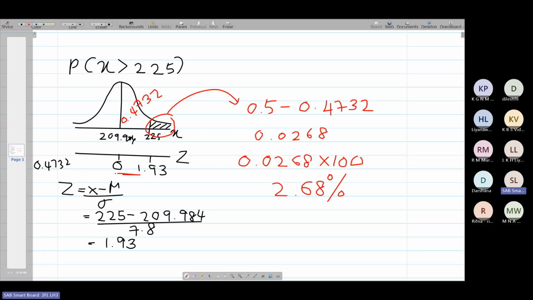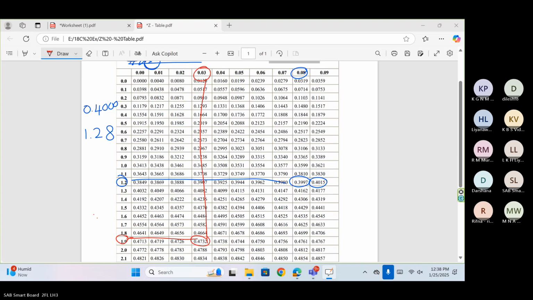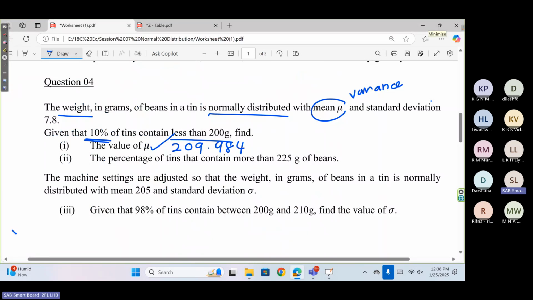Then we move into the next one. Now this part is okay. The answer is 2.68%.